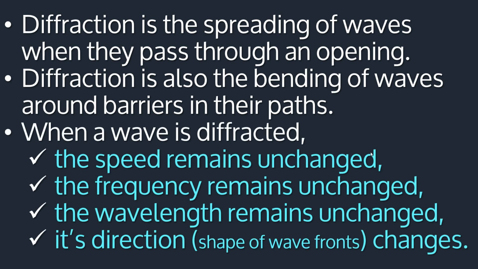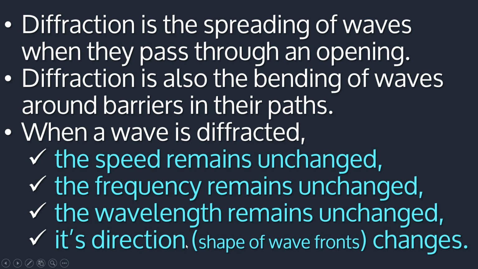Okay? So when a wave is diffracted, there are basically things that you have to consider. Number one, the speed of that wave remains unchanged. The frequency remains unchanged. The wavelength remains unchanged, but only the direction will change.